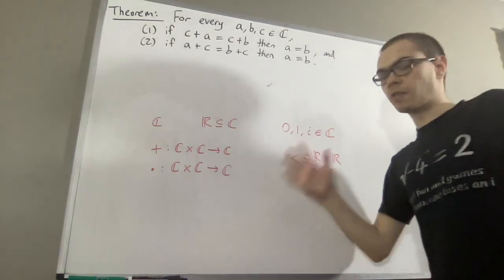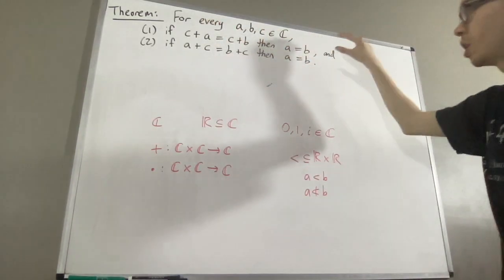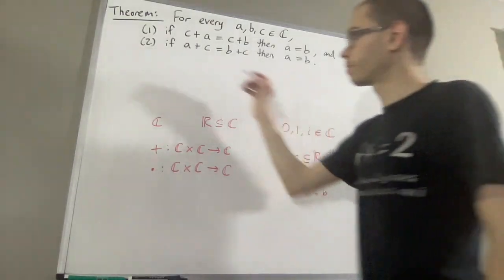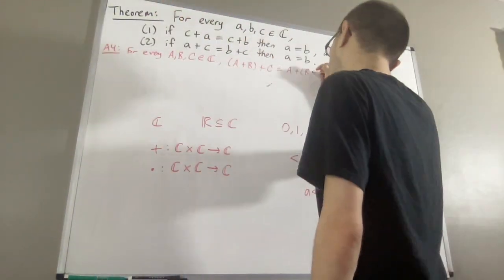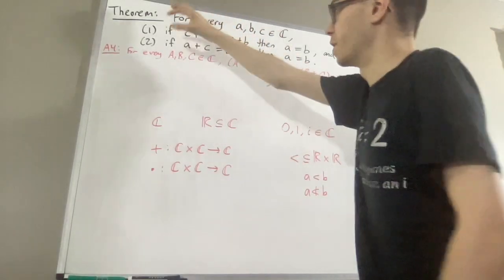And from here, we have a list of axioms for the complex numbers. Now, in proving this theorem, we are going to be using Axiom 4, which is the associative law of addition, which says the following. And we're also going to be using two other facts that we have proven.